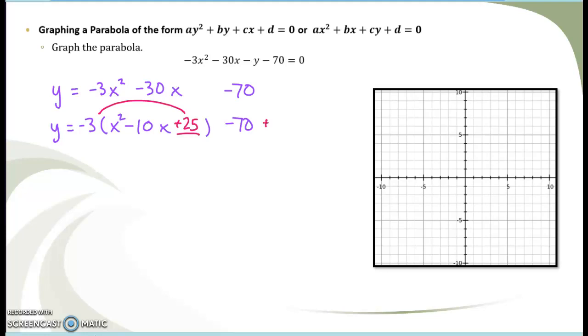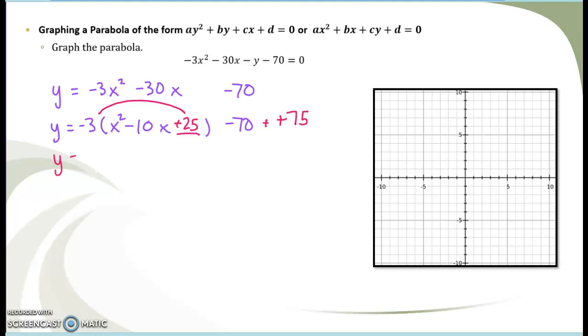So remember how last time I added negative 8 on the other side? Well, I could either add something to both sides of my equation, or I can add a total of 0. So here's another way to think of it. If I am doing 25 times negative 3 to the right-hand side, I've added a negative 75. So now let's add a positive 75.